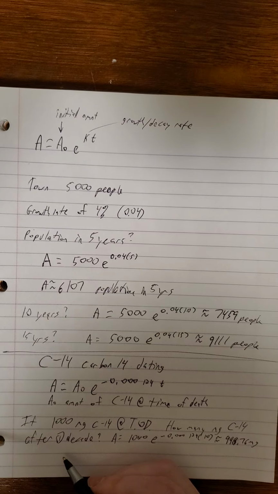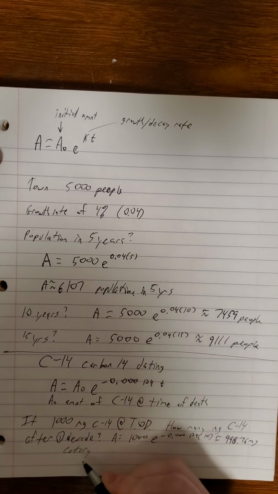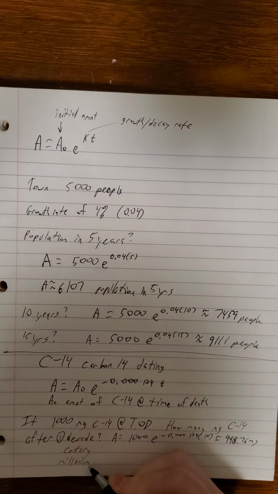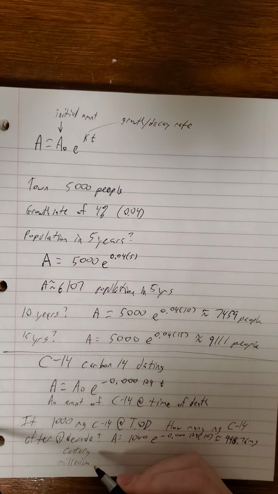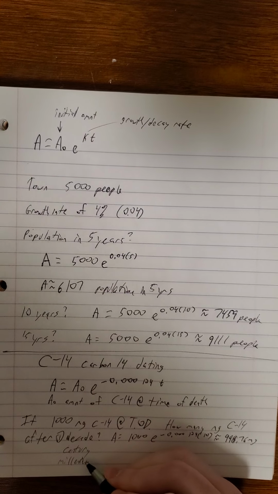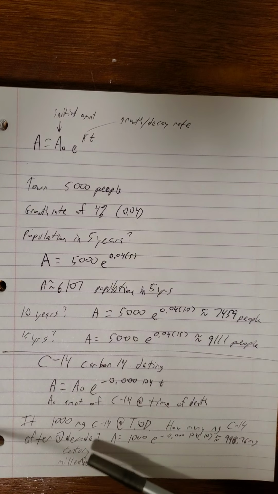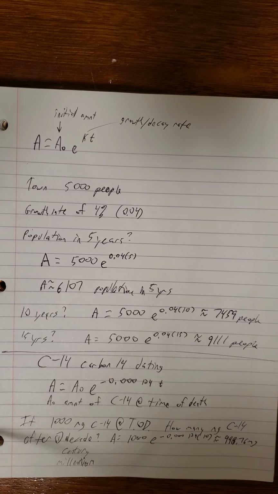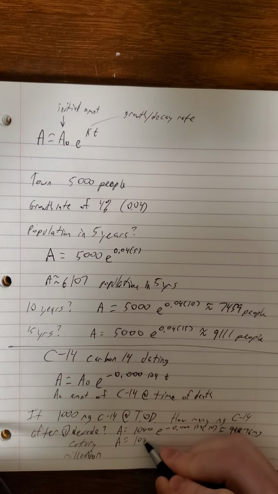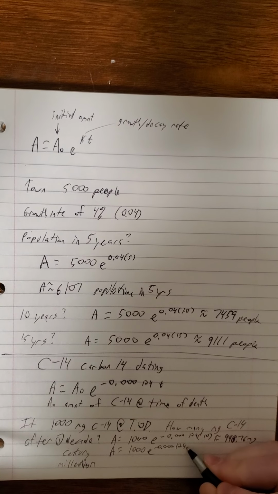So see if you can try after a century and a millennium. So 100 years, 1,000 years. Okay, welcome back. So amount 1,000, e to the negative 0.000124 by 100.